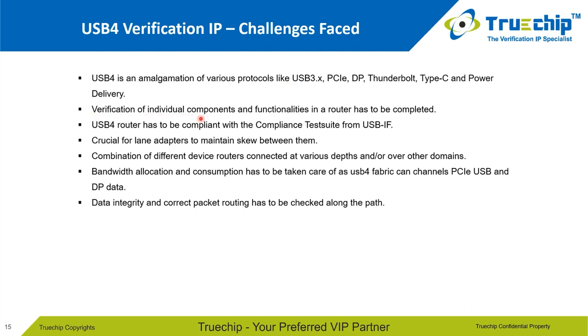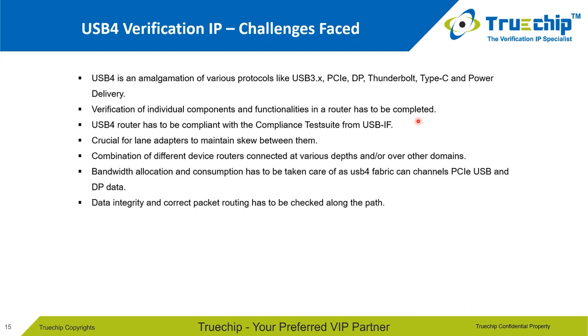Verification of individual components and functionalities in a router has to be completed. For example, a host system has a connection manager, configuration layer, host interface adapter layer, multiple PCI, DP, USB 3 protocol adapters, a transport layer, multiple lane adapters having identical SerDes, and a TMU block. So verifying these components alone is a big task.